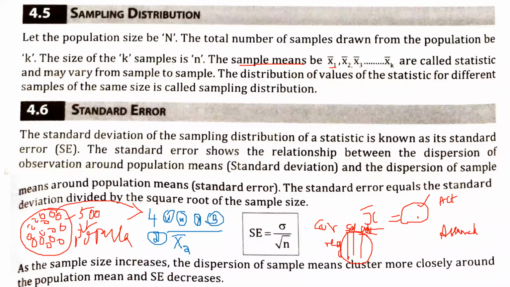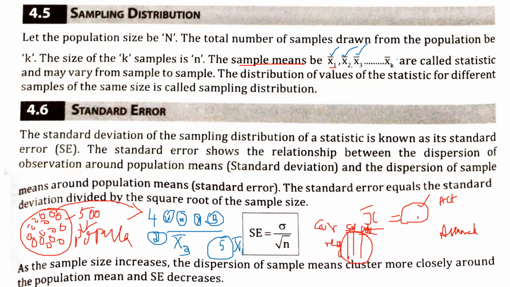So, first time I took 5 balls as sample and I calculated x bar 1. Second time I took other 4 different balls and I'll calculate the sample mean for that. So that will be your sample mean, and sample mean for the first sample and for the second one, third one, and so on will be different.